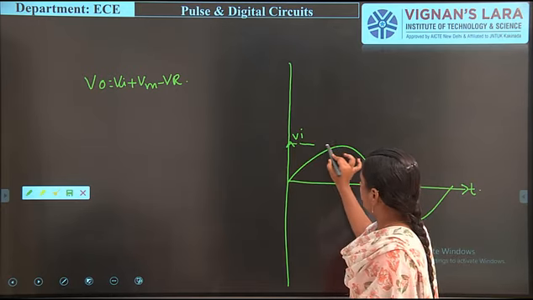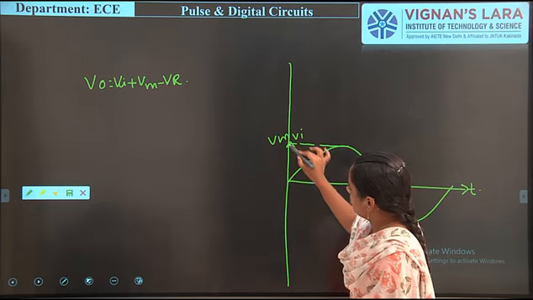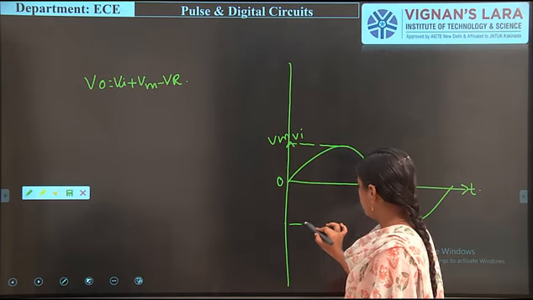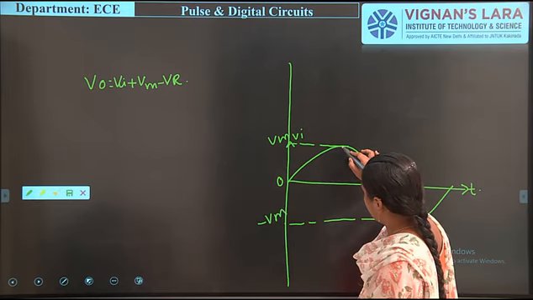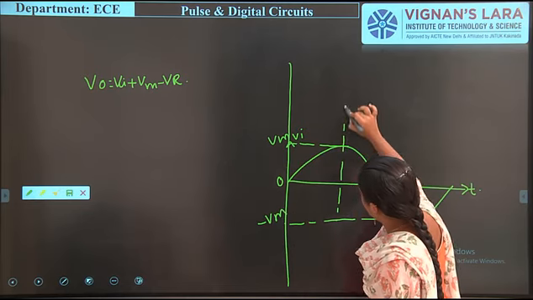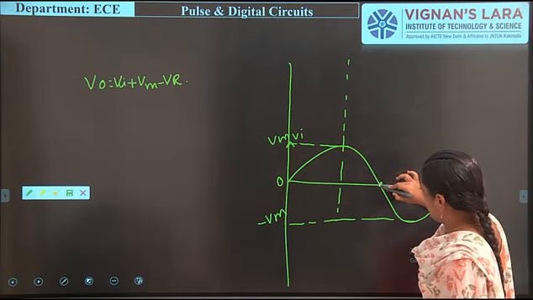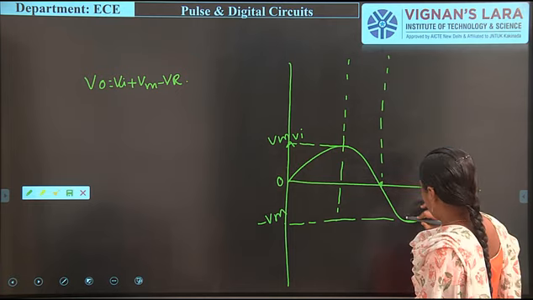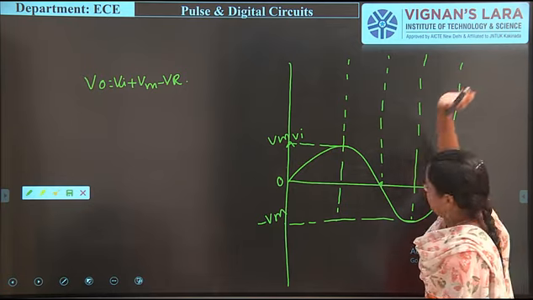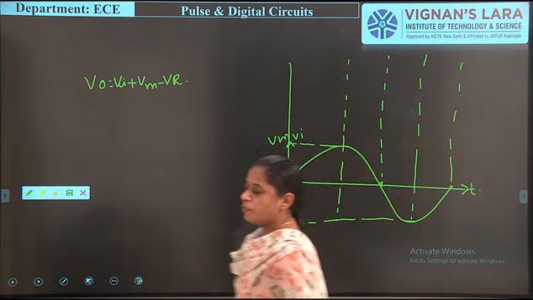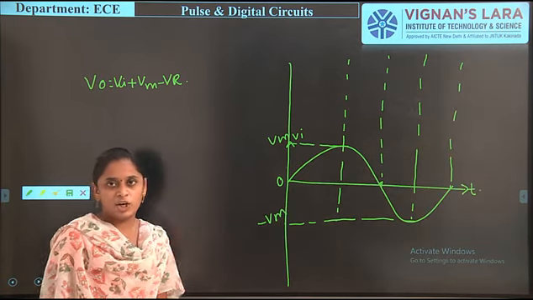The maximum input voltage is Vm, then 0, and then minus Vm.